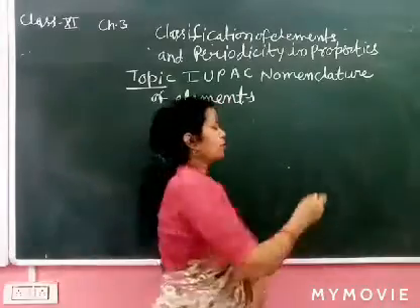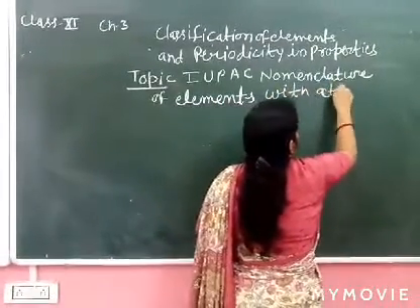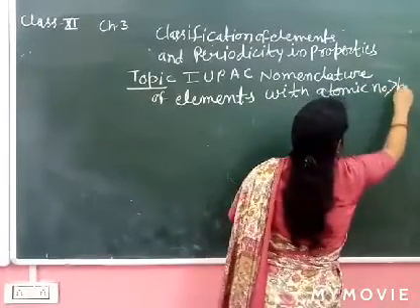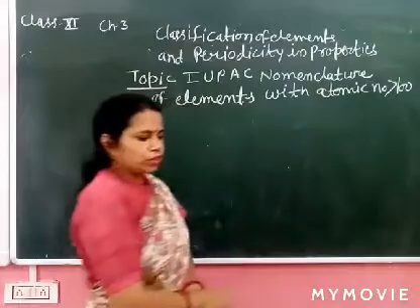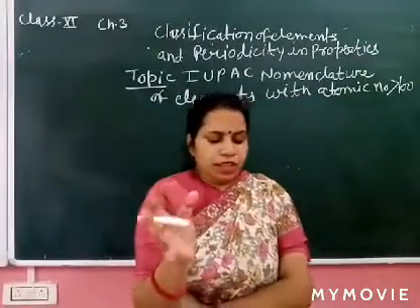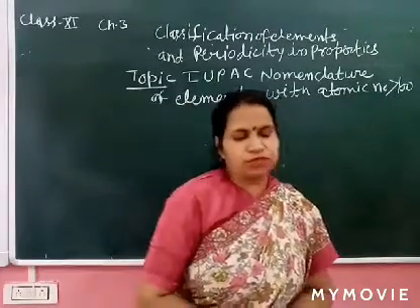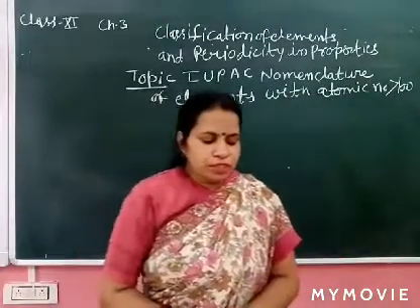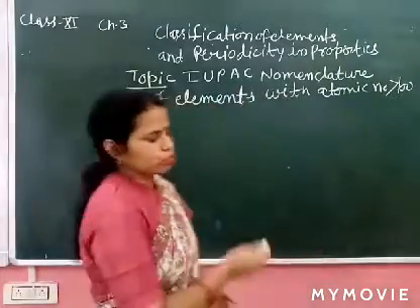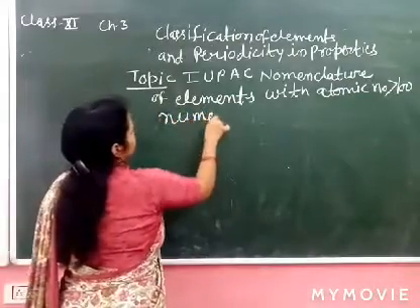Of elements with atomic number greater than 100, the names are derived directly from the atomic number using numerical roots for 0 and the numbers from 1 to 9.